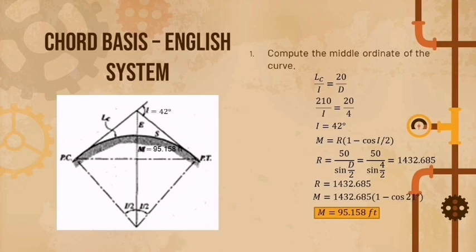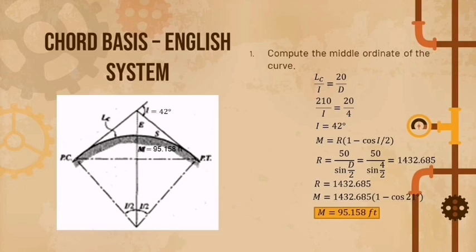For the middle ordinate, to get the radius, we're using again a different formula for the English system chord basis. So R, or radius, equals 50 over sin of degree over 2. What is our degree?